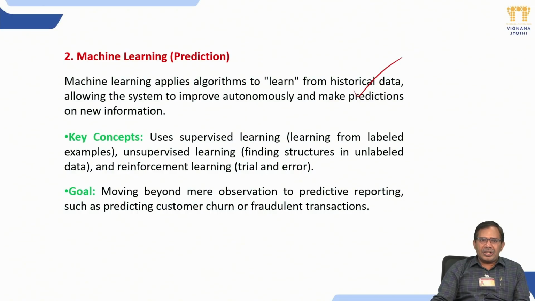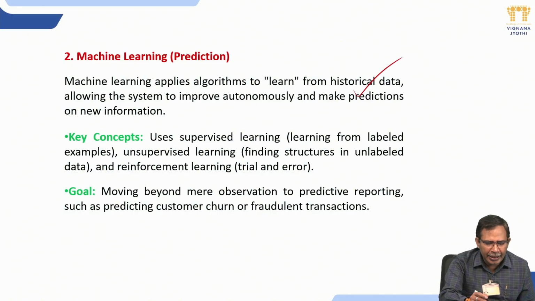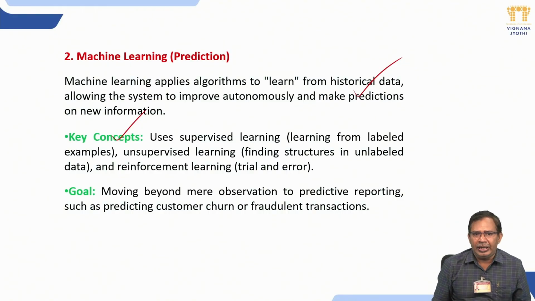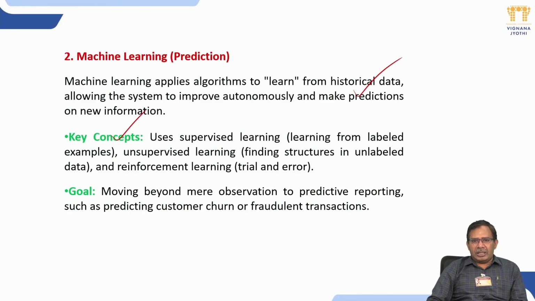It uses regression techniques. The key concepts of machine learning: working with labeled data is called supervised learning. Working with unlabeled data is called unsupervised learning. The third type is reinforcement learning, which is like trial and error, question and answer.